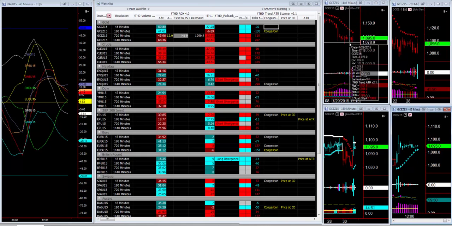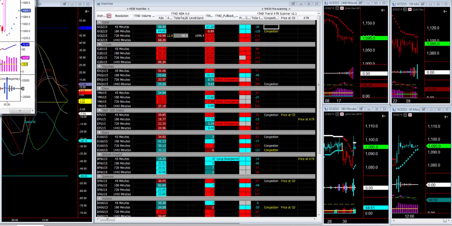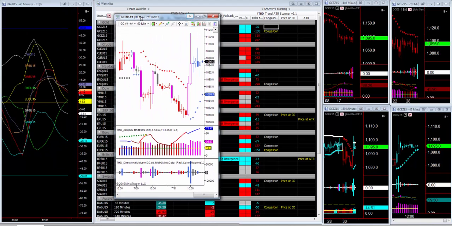Now, typically what you will see is that the 90-minute will make a magenta peak, retrace back to the ATR, which is blue, and then you would be able to enter the gold position. So if I was looking at the 90-minute chart on gold, you can see that we are at 72.